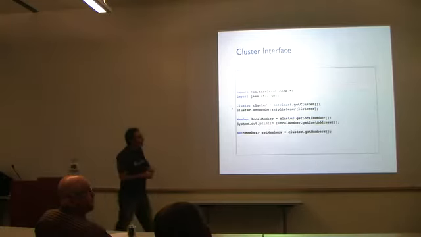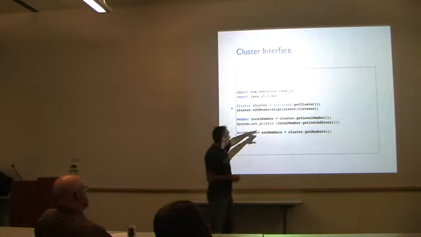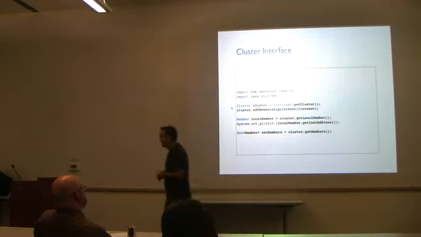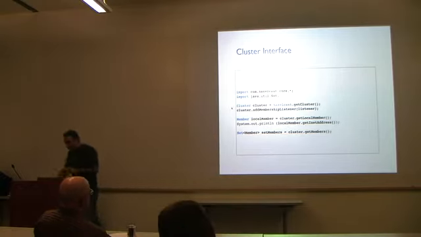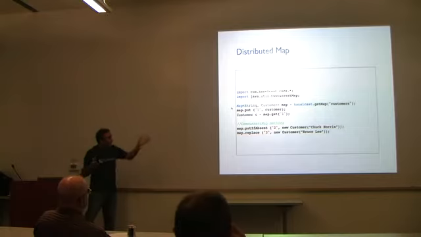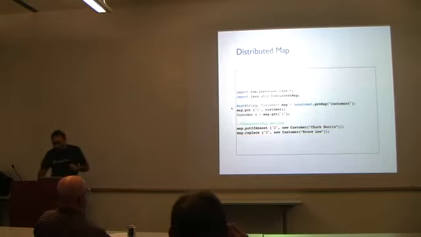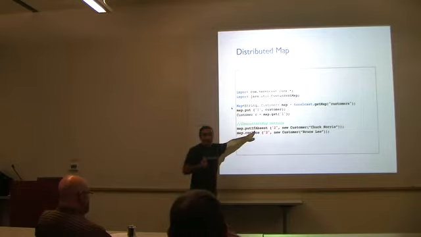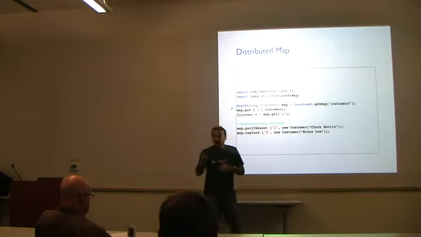So you can use the cluster interface to get the members or listen for membership changes. You saw this API, right? You use atomic operations like putIfAbsent. It's very important because you're doing a distributed operation now.